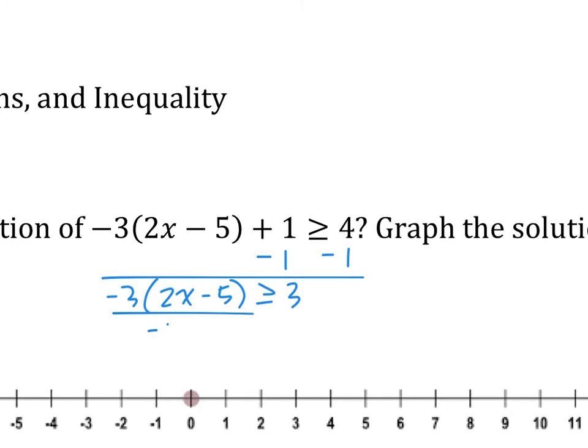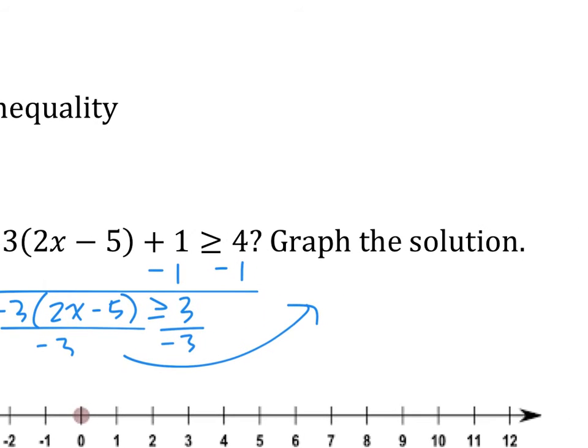So divide by negative 3. And then I get, I'm going to write it on the right, 2x minus 5, negative 1. Now I didn't write the sign in between because I want you to remember what happens if I divide by a negative number, or if I multiply by a negative number in an inequality question.